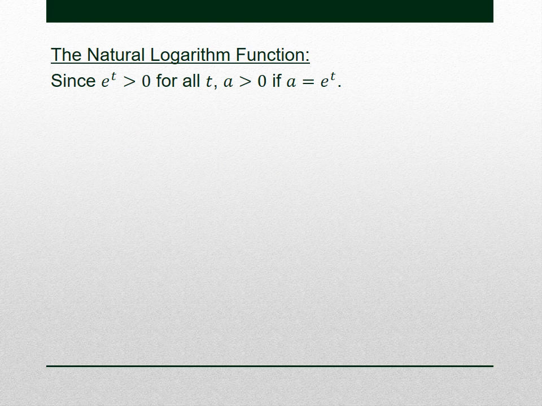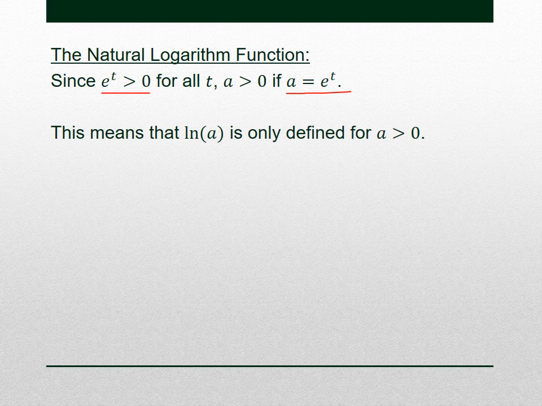All right, so we know from 4.1 that e to the t is a positive number. The range of those exponential functions is always positive. Because of that, if a is e to the t, a is always positive. That means the only thing you're allowed to plug into these natural log functions is positive numbers.